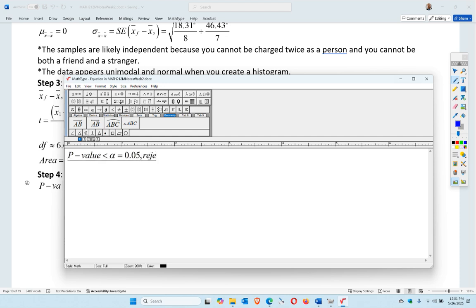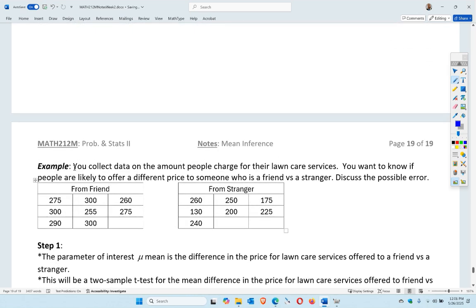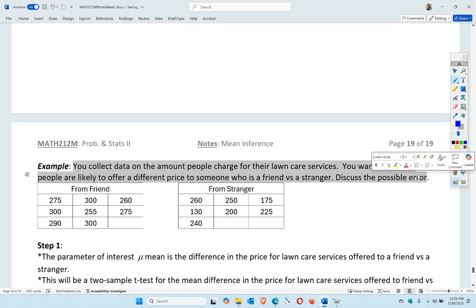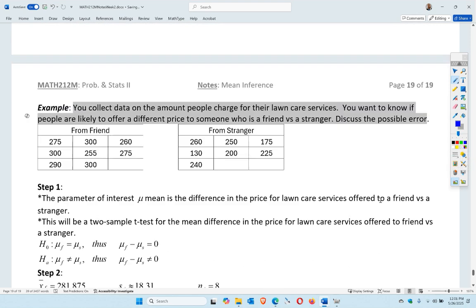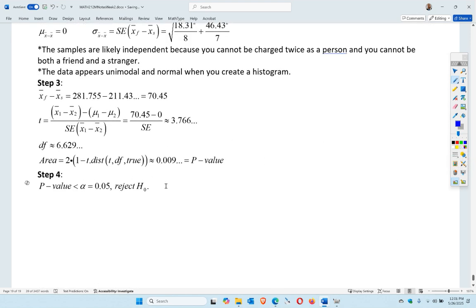So we should reject the null hypothesis, right? Because again, if it doesn't say in the problem what alpha to use, then you use the 5%, which is the Fisher rule, the 1 out of 20, essentially.